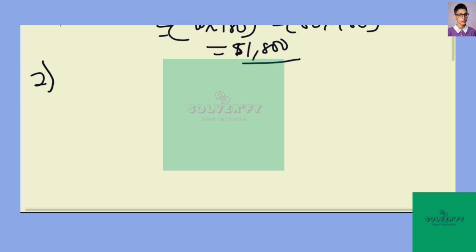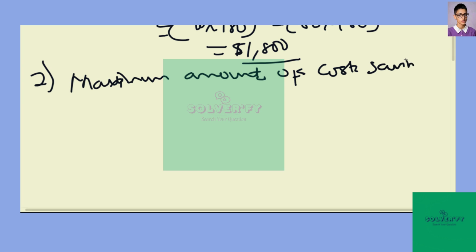So the maximum amount of cost savings it can have is equal to 30 multiplied by $8,100, and this is equal to $243,000. So that's your answer.